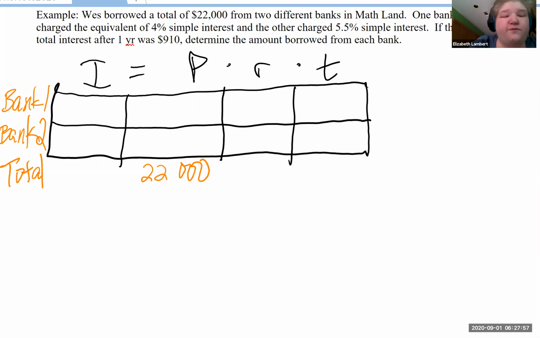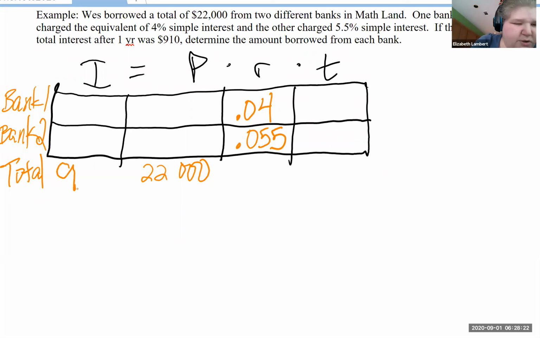One bank charged 4% simple interest. Now remember earlier I said we needed it as a decimal, so I'm just going to do that now. 0.04. And the other one, 5.5, we moved the decimal twice, so it'll be 0.055 now. And we have the total interest after 1 year is $910.